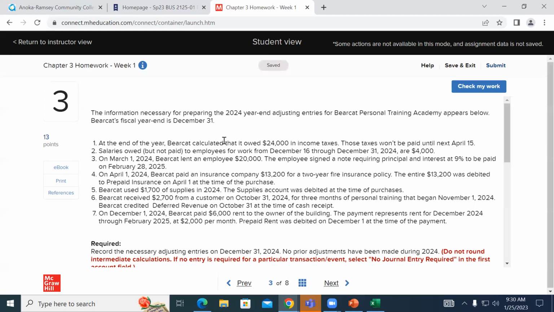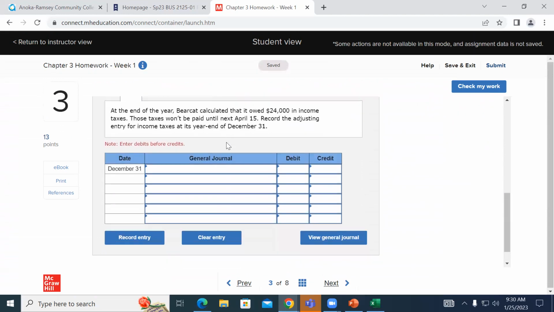What do we debit and what do we credit? Any ideas? Anything?